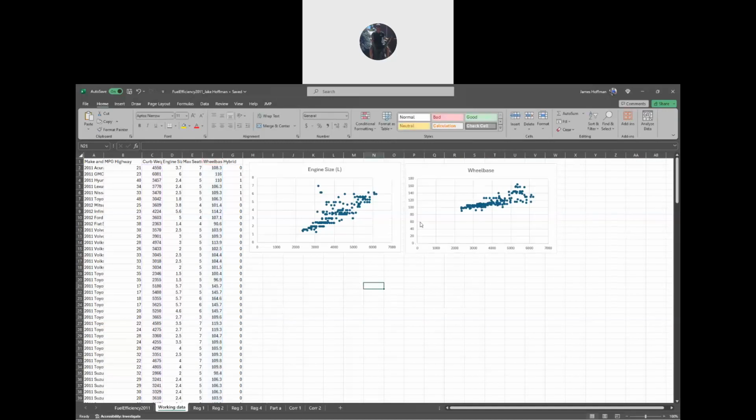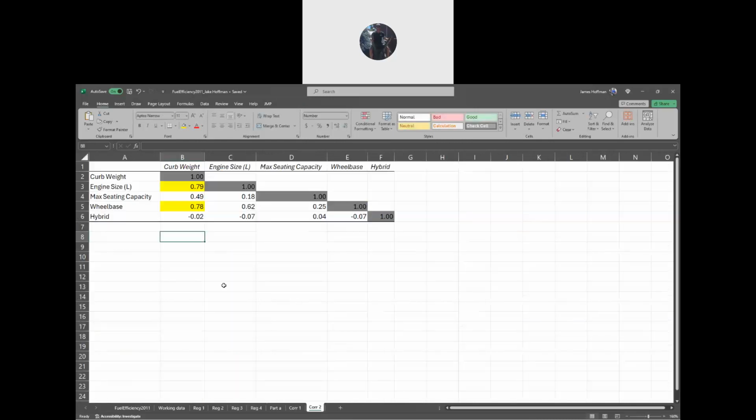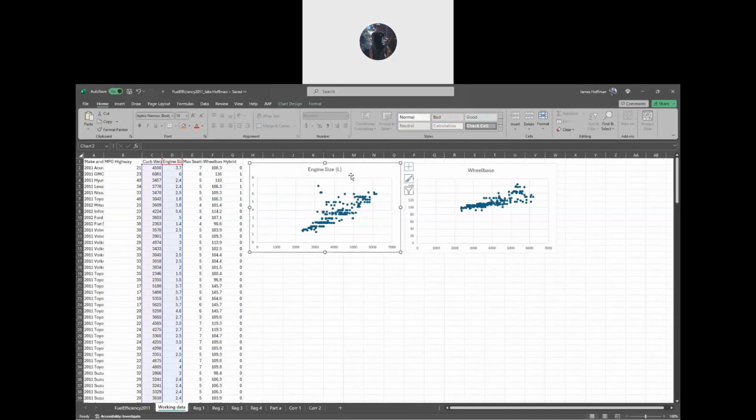So if we take out that one, we're still going to have this issue. So what were the correlations? 0.78. We definitely have to take out one of these two to start with, so either engine size or curb weight because of that huge correlation.